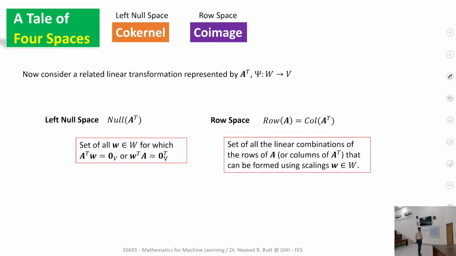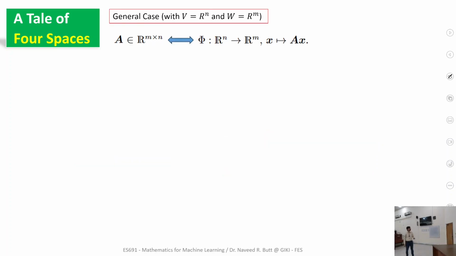Row space, now it is the linear combination of the rows of A, meaning the columns of A^T. Now I am not going to prove it here, you can check, but row space of A equals column space of A^T. Okay, yeah, this is straightforward, ये तो मतलब वो एक ही बात कह रहा हूँ.